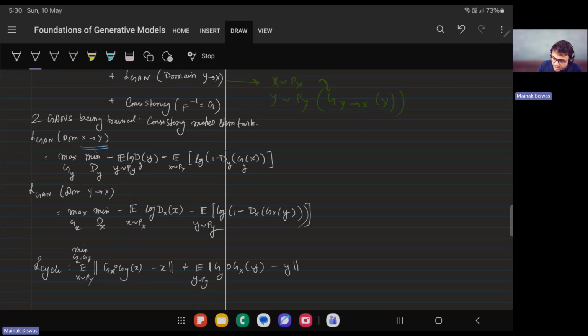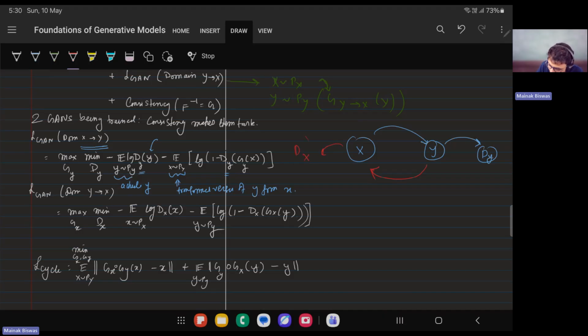For X to Y, I'm going to have the discriminator for Y, and the discriminator for Y is going to discriminate between actual Y and the transformed version of Y from X. Similarly, for Y to X I will have a discriminator dx, which will discriminate between actual x and transformed versions of x from y.